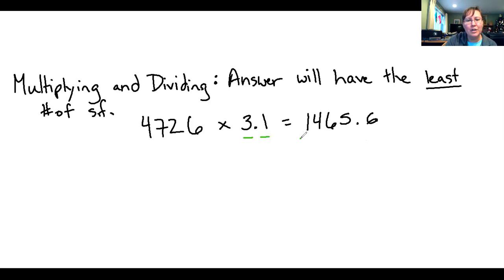We can only have 2 significant figures here. So we need to cut it off here. Please remember your rounding rules, and this is very important. This number becomes 1,500. 1,500 is our final answer for this value. The 6 rounds that up because it's 5 or greater.